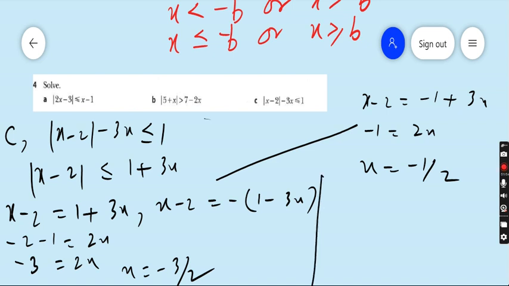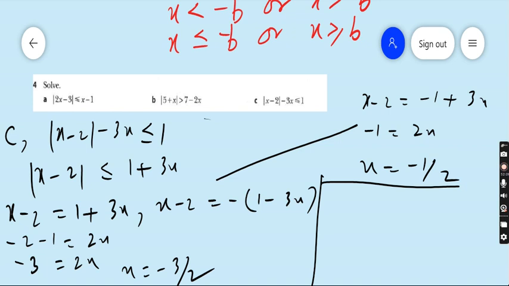So if you can see, if the value is, okay, I am checking again. Kindly wait.